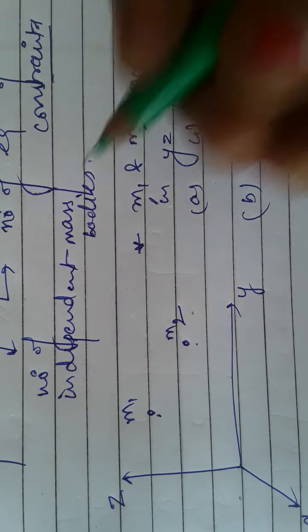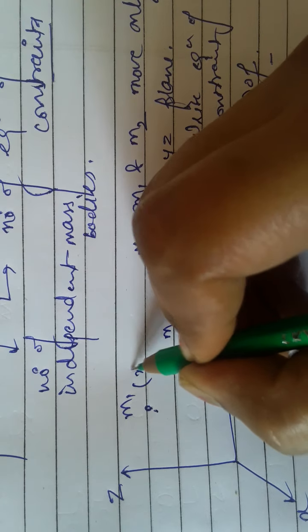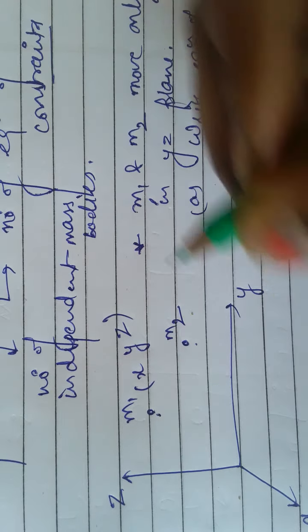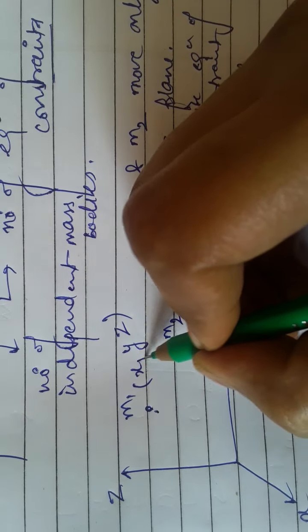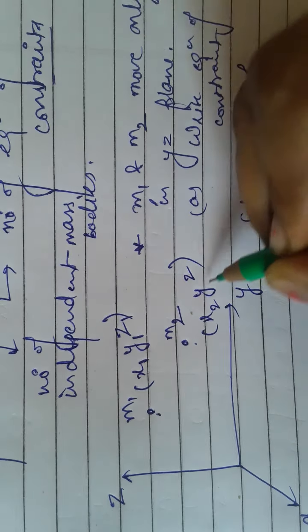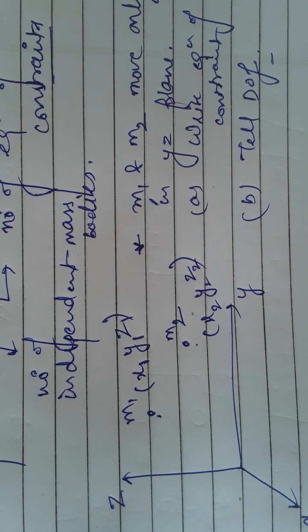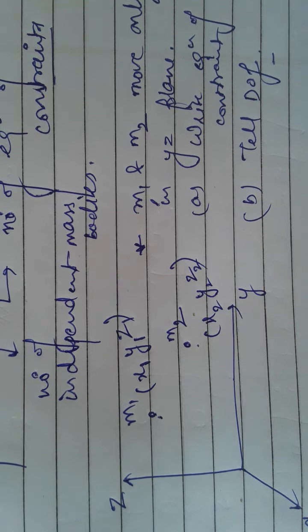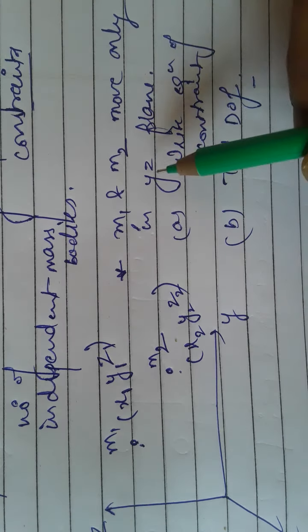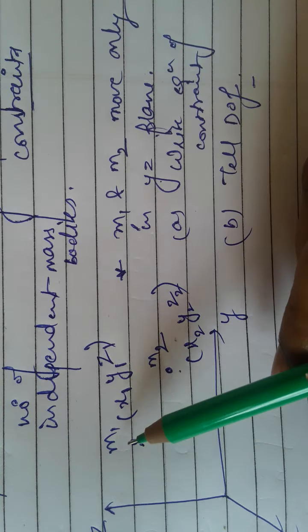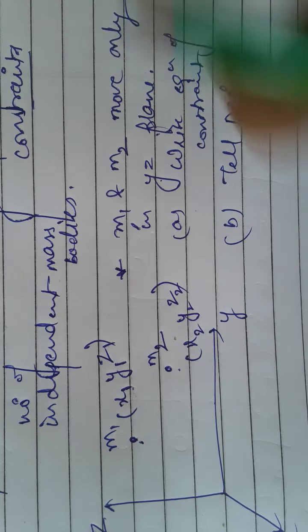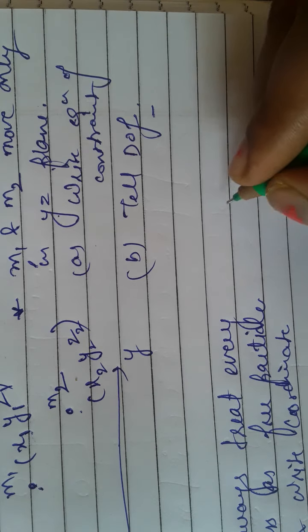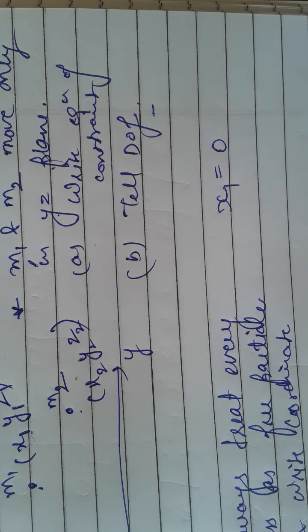If m1 was a free particle, then the coordinates were x, y, z. And here also similar. To make them different, we write x1, y1, z1, x2, y2, z2. Okay, now one by one impose the conditions. m1 can move only in the yz plane. If m1 can move only in the yz plane, then the x1 component will always be 0. So write this separately. x1 is always 0.